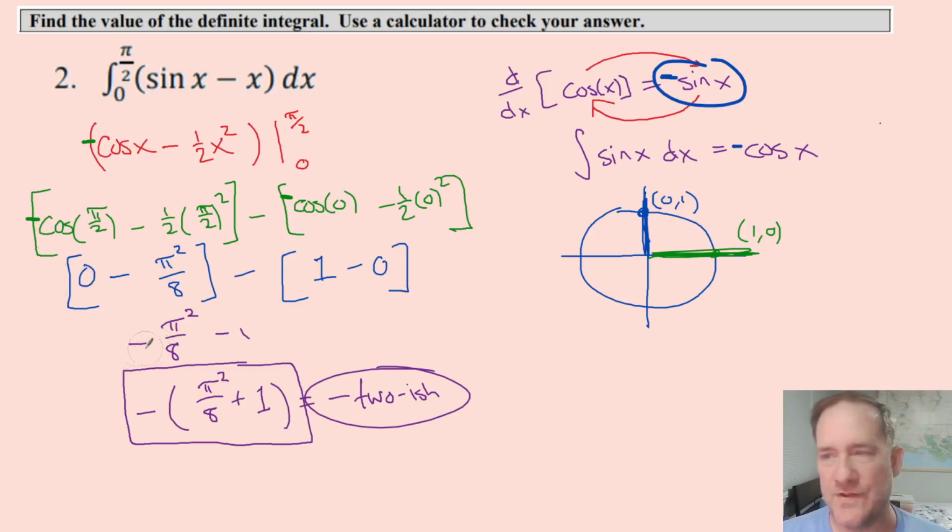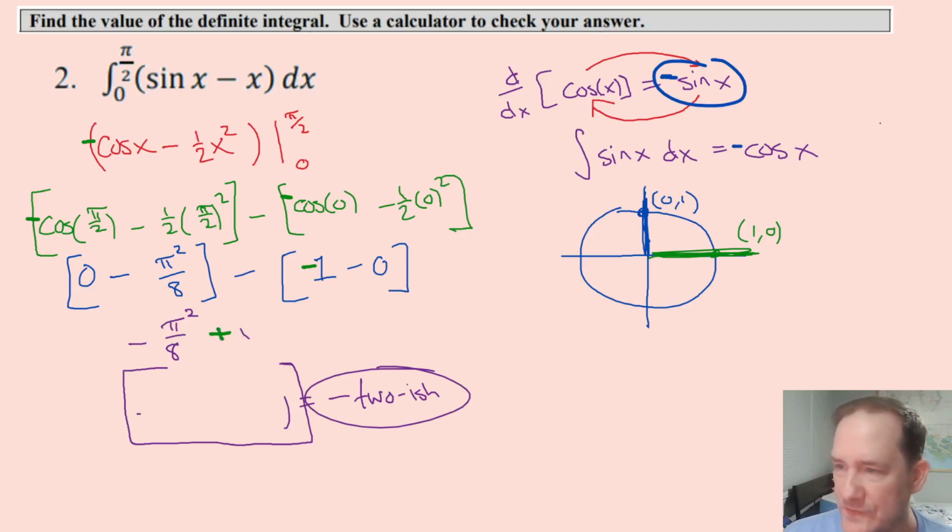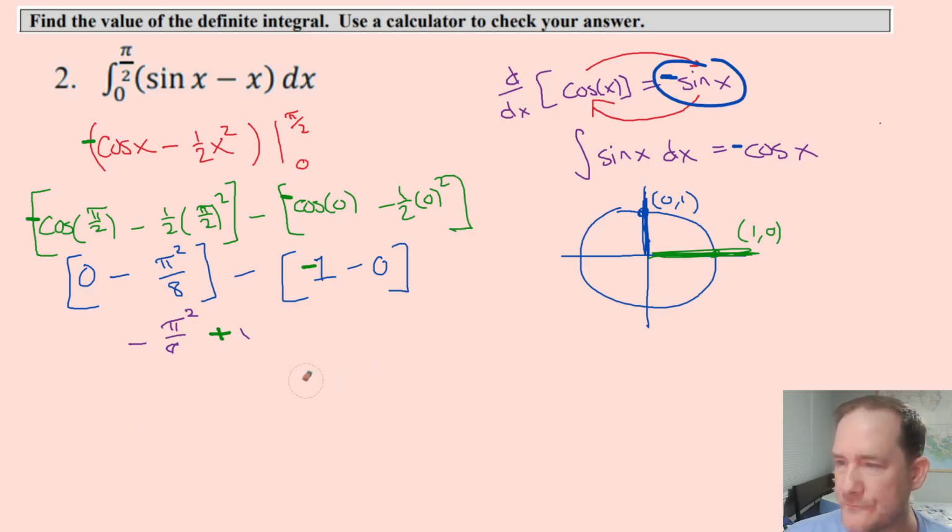So this guy is still negative pi squared over 8. But over here, obviously, the opposite of the cosine of 0 would be negative 1, which means instead of subtracting 1, I'm adding 1, which means I can actually express my answer differently. It's actually going to be 1 minus pi squared over 8.